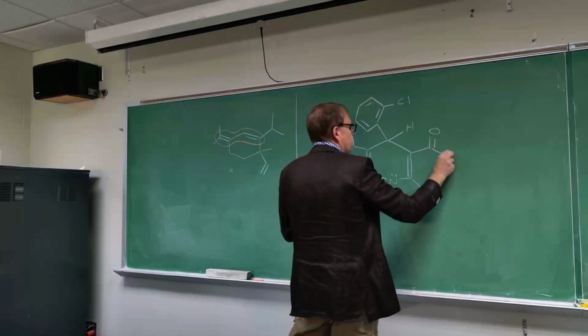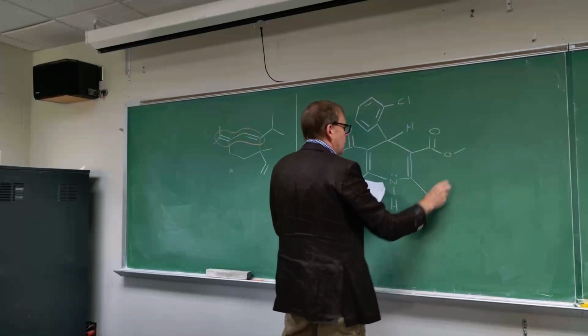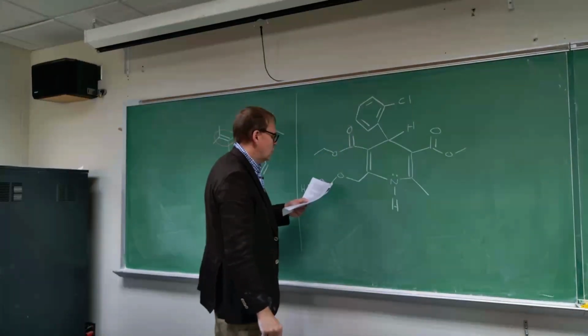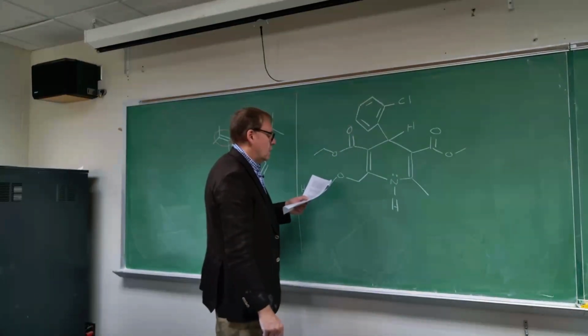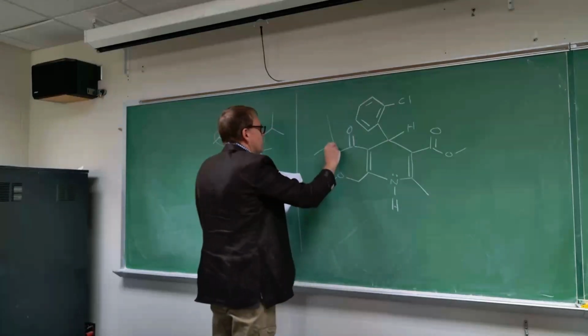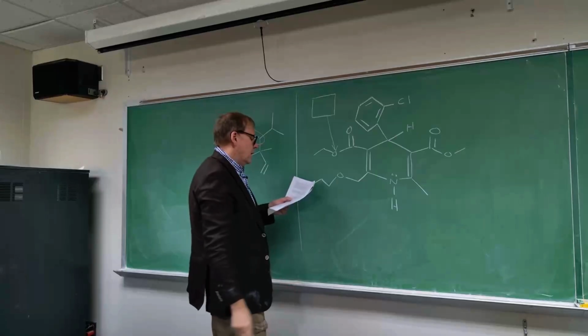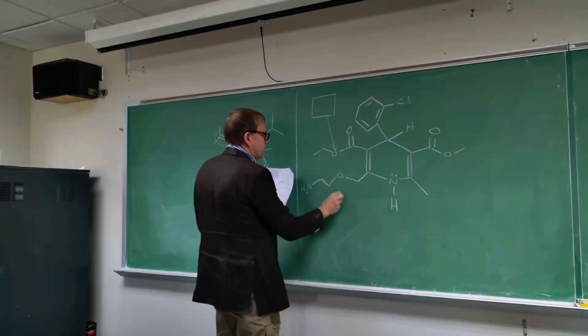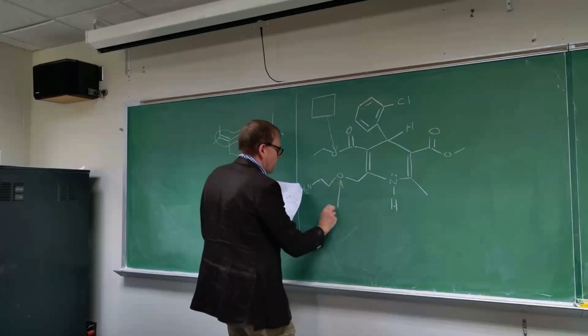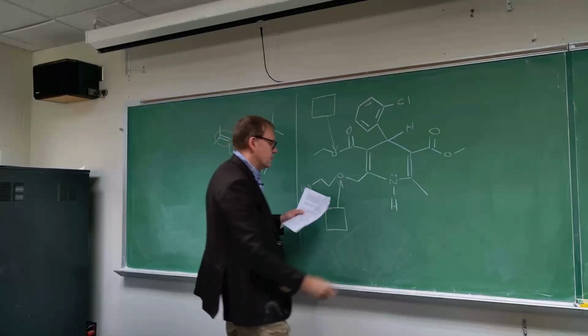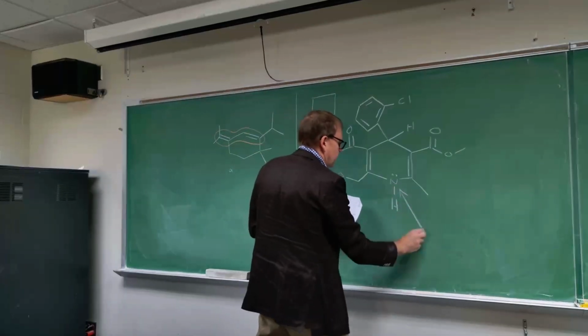And a few of these positions were indicated with arrows. So there was an arrow pointing to this oxygen saying, what's its hybridization? There was an arrow pointing to this oxygen asking you, what's its hybridization? And then there was an arrow pointing to the nitrogen.